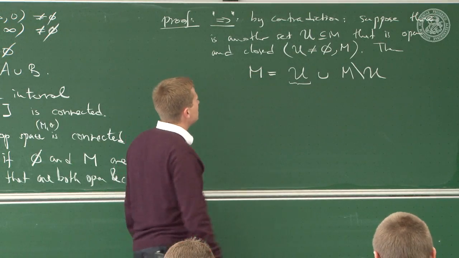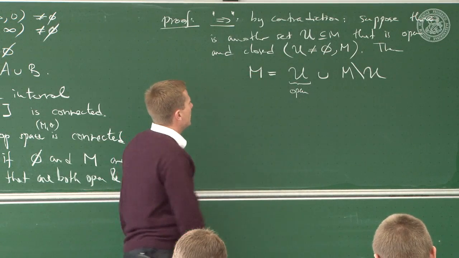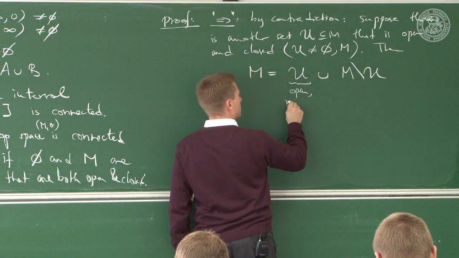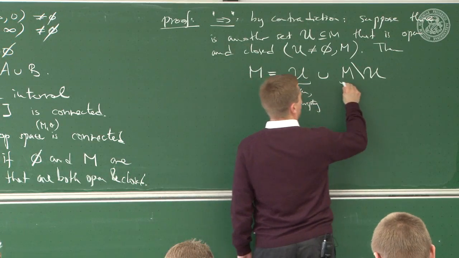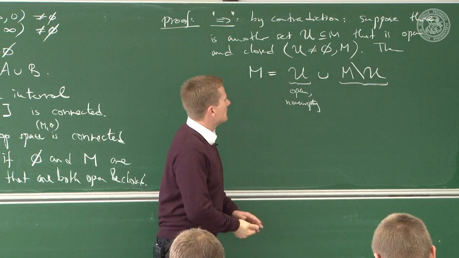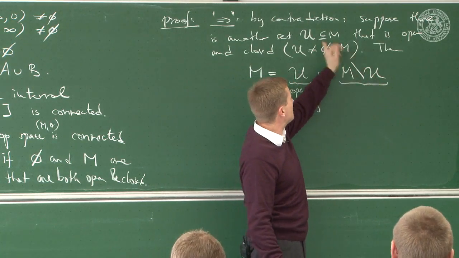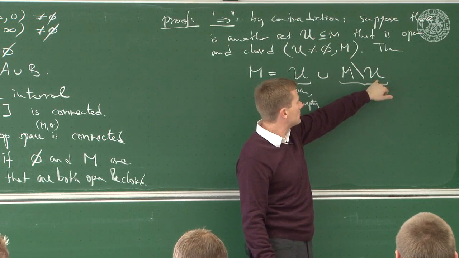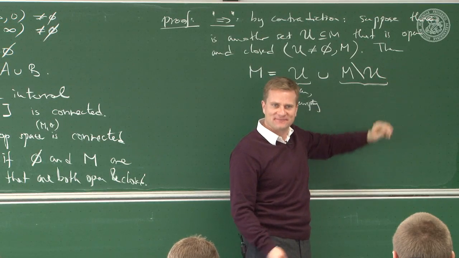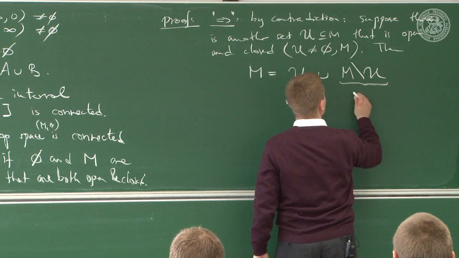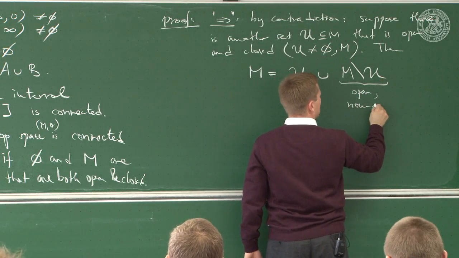But now the interesting part here is U is open by assumption. It's also non-empty by assumption. Now, this set, M without U, is open, because U is closed. And it's also non-empty.